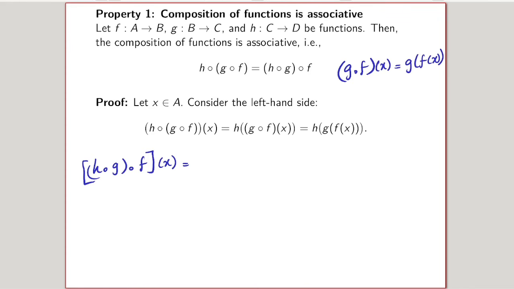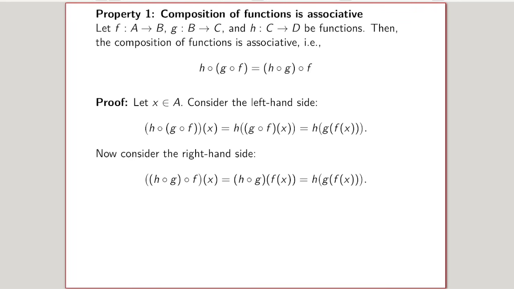So here in the place of g, that is first one we are having h composition g, in the place of f it is f. So we are having h composition g of f of x. Next one we have to find this h composition g, so it can be written as h of g of f of x.